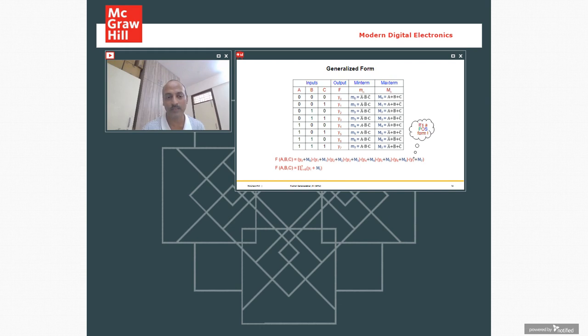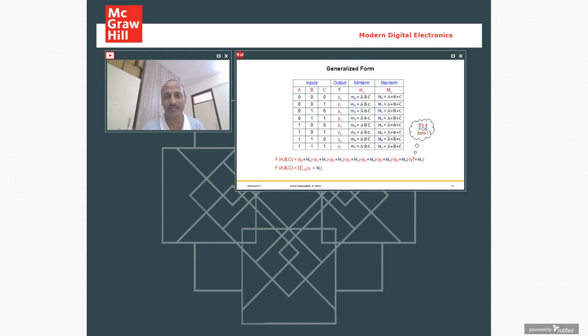So the product will be corresponding to the given row. So we can represent it in mathematical format. Function f is equal to the product of i starting from 0 to 7, of yi plus mi. So depending on the number of rows, we can represent this with i equal to 0 to n. So this is a very generalized format.